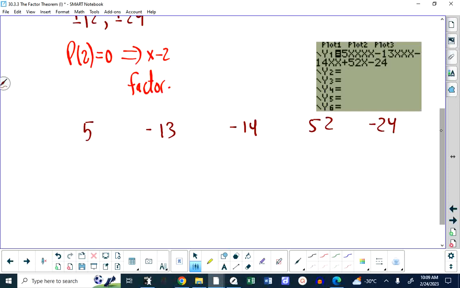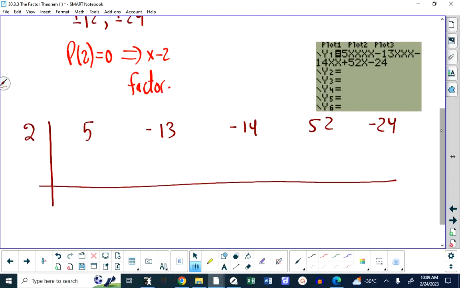I'm going to divide by x minus 2, which means a 2 goes there, and the 5 falls below the line. And again, my hope, no, not my hope, confidence tells me I'm going to get 0 there.